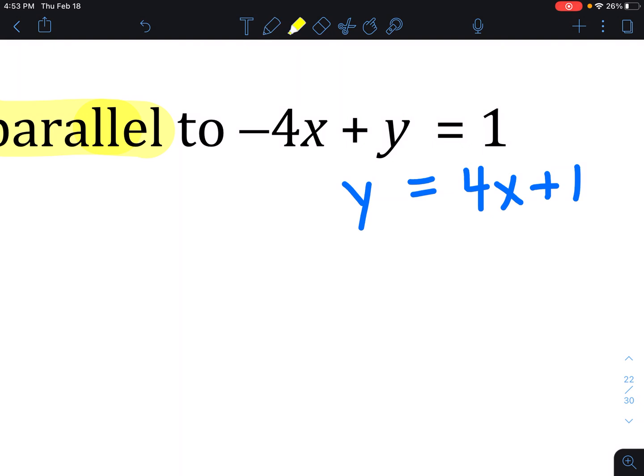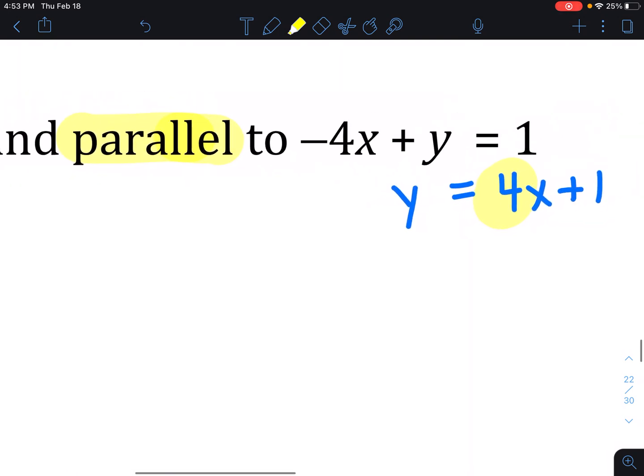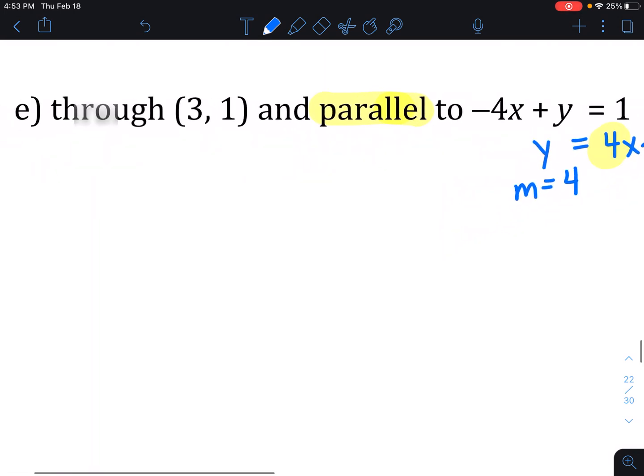So if we take a look at this equation, what is the slope here? The slope here is 4. And since it says parallel to that, that means we will be using 4. So now we're going to go to our normal procedure. We're going to go to the point slope form and then convert it to slope-intercept.